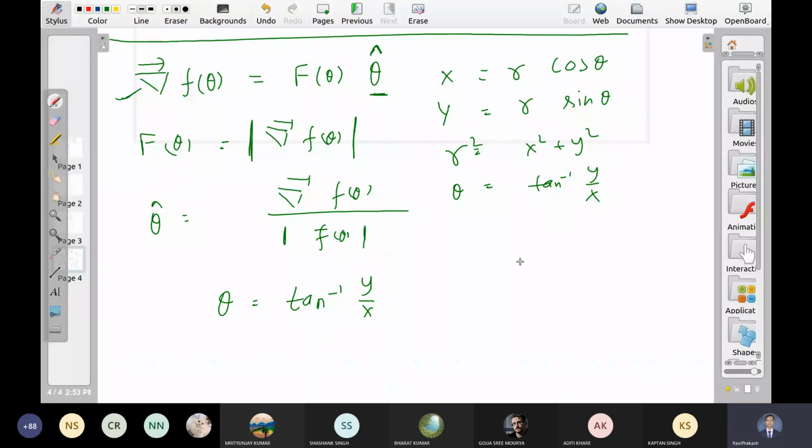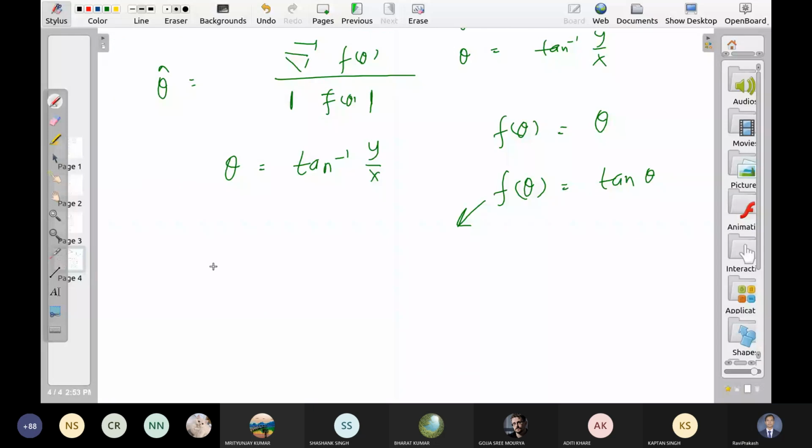So there are many functions. बहुत सिंपली किए हैं, f theta is equal to theta. And let me give you even more simpler. F theta is equal to tan theta. Let us calculate the gradient of this quantity. What is tan theta?